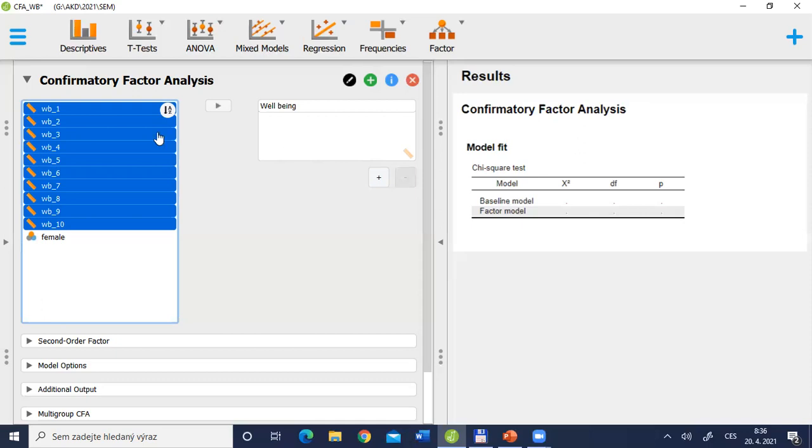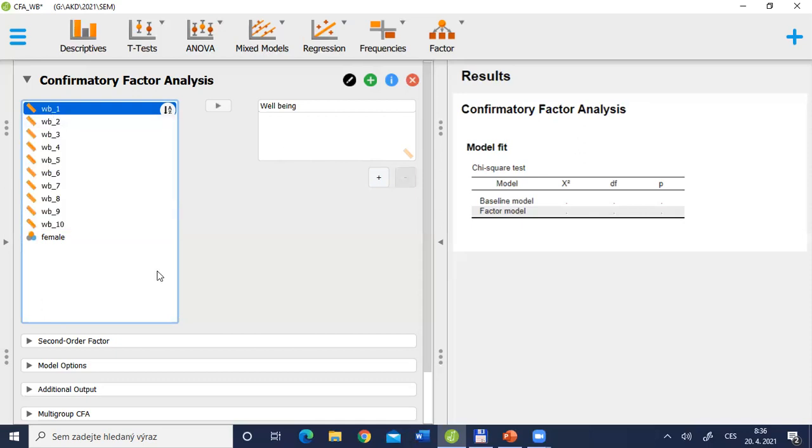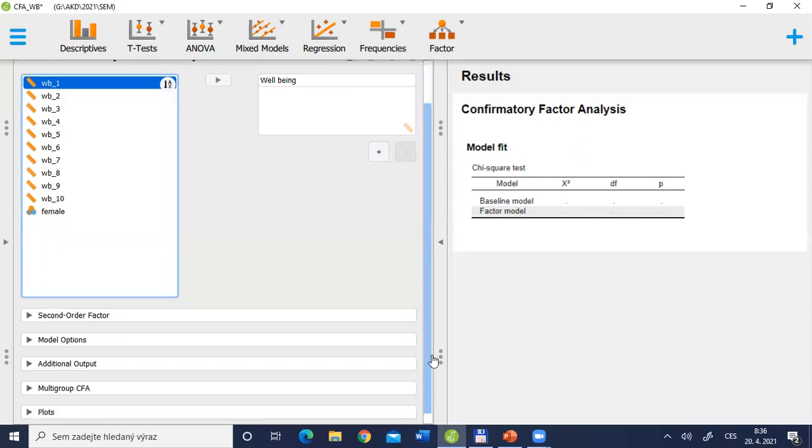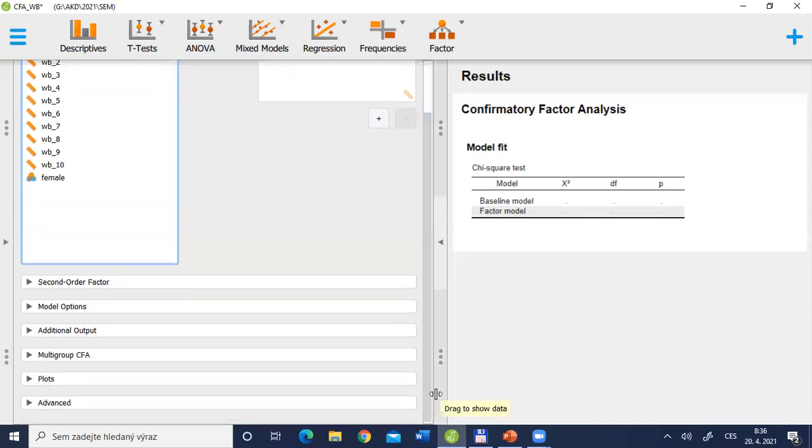We would skip this step at the beginning, and we would go downwards in the dialog, and I would briefly discuss the options for confirmatory factor analysis. First of all, and it is slightly illogical, I must admit, the first option here is calling for a so-called second order factor.